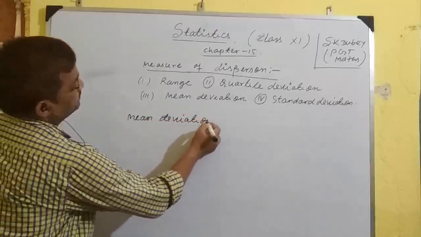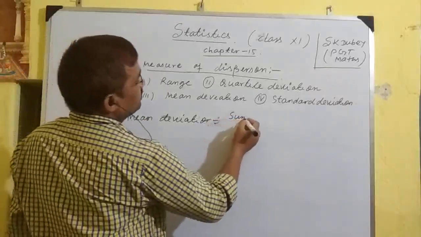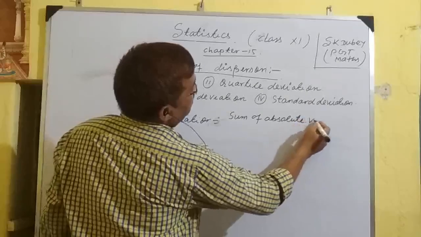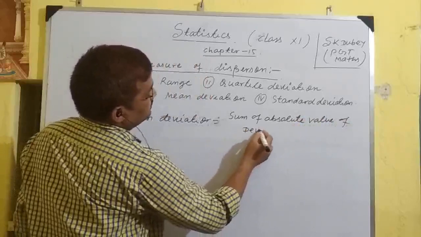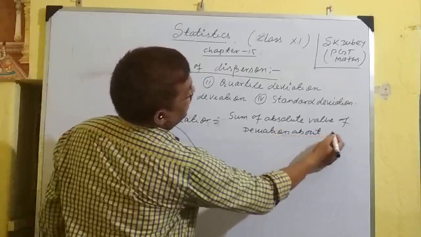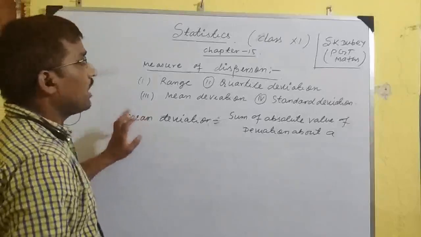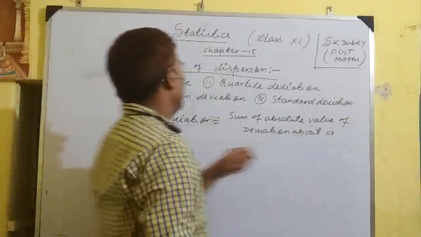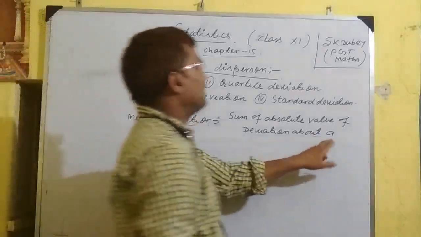Mean deviation. Mean deviation is defined as the sum of absolute value of deviation about A, where A is, suppose we are interested to find mean deviation about mean, then A is mean here, and if we want to calculate mean deviation about median, then A will be median here.